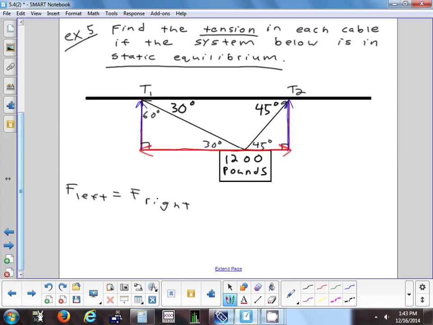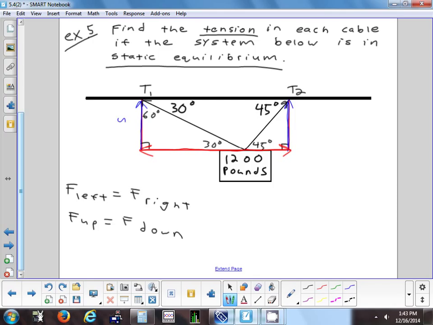Eventually, we've got to change that into an equation involving our angles. And what's another way this could move besides left and right? Up or down. Is it moving up or down? Nope. So that means the force pulling up and the force pulling down are the same. We don't have labels for those forces yet, the blue and the red lines, so let's give them names.